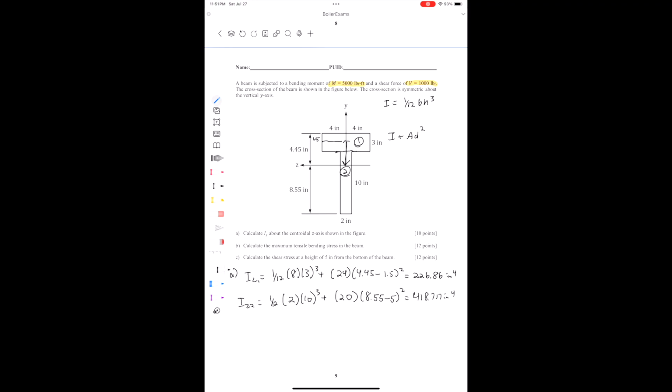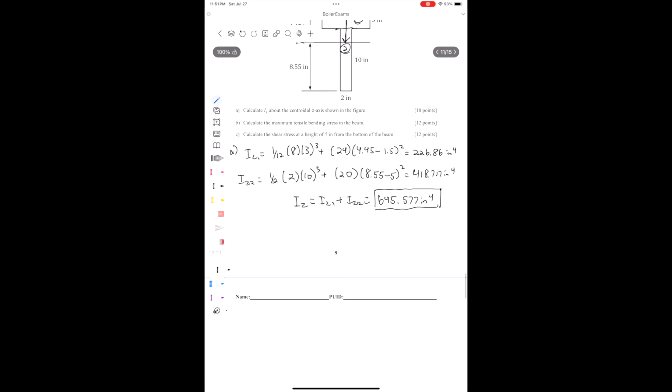You end up with 418.717 inches to the fourth for IZ2, and then we can add those two together in order to get 645.577 inches to the fourth for our total moment of inertia for our beam cross section.